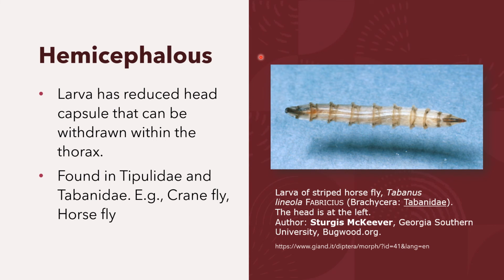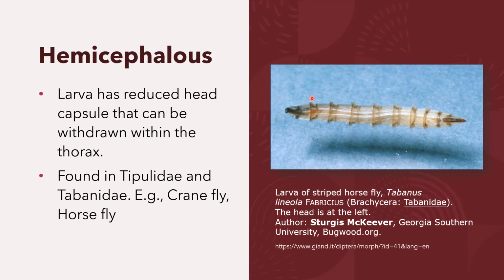Another type of Apodus larvae is the Hemicephalous larvae. In this type, the larva has reduced head capsule that can be withdrawn within the thorax. This is found in families Tipulidae and Tabanidae. So under the family Tipulidae, we have the crane fly, and under the family Tabanidae, we have the horsefly.